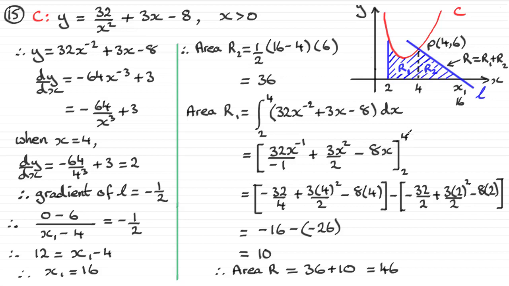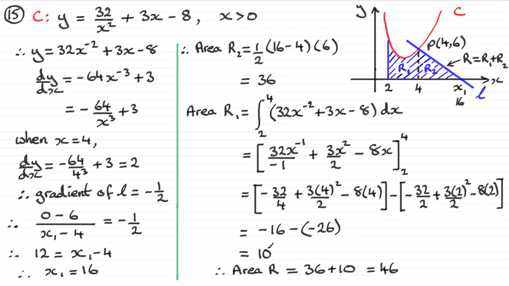Start to put 4 in first of all for x, and you'll notice that I've brought this x down, minus 32 over x, so it's minus 32 over the 4 when it's substituted in. Substitute 4 in here and 4 in that term, and then it's minus what you get when you substitute 2 in to those, and you get this.